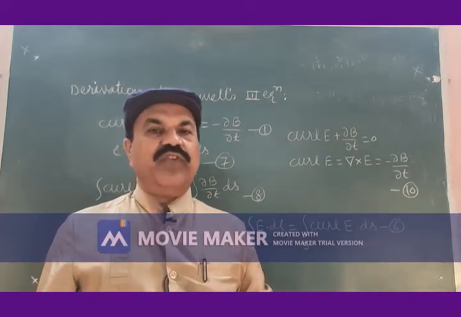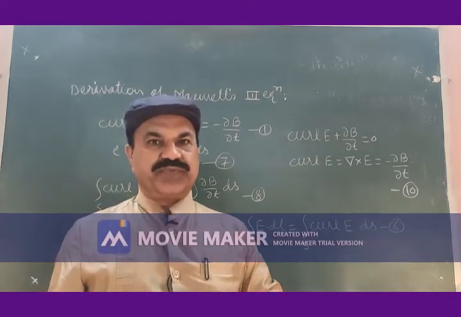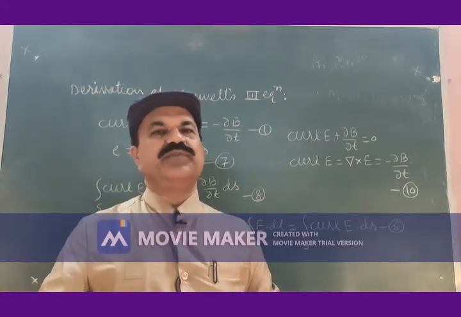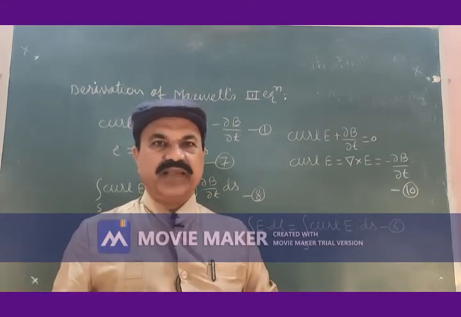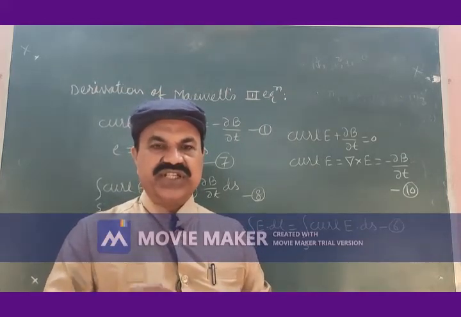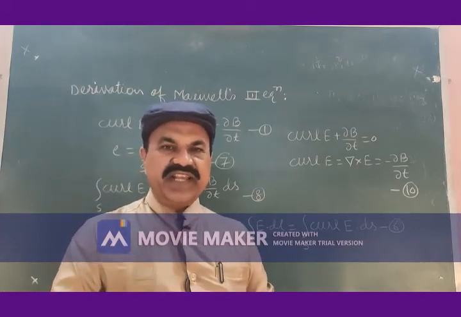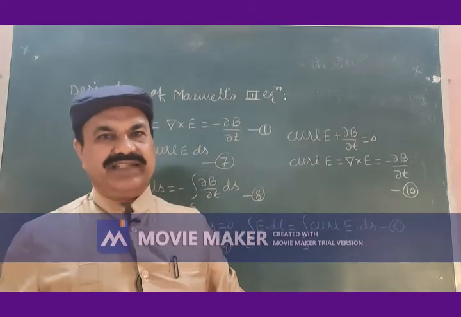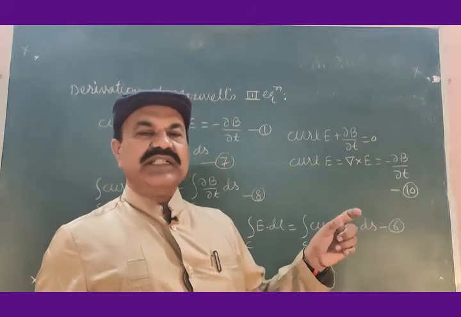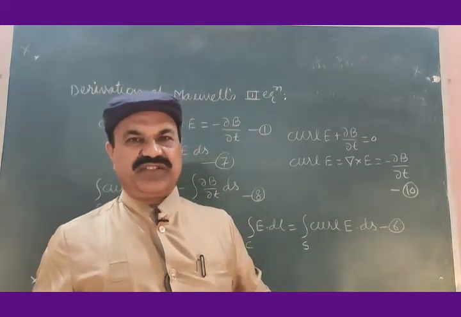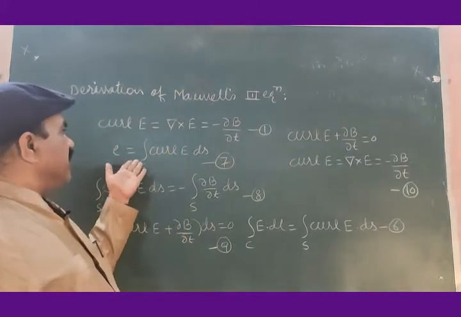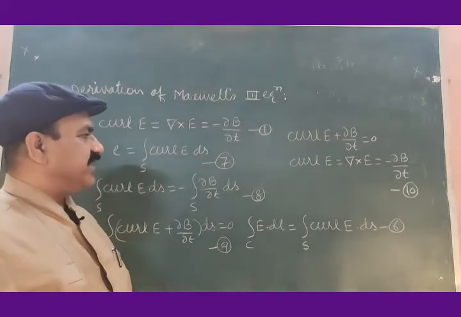After that, we found the EMF E induced by using the work done in circulating a charge around a closed path. We wrote E is equal to the line integration over a closed path of E dot dl. Then we applied Stokes' law to this equation to convert the line integration to surface integration, and we wrote it as the surface integration of curl of E ds.